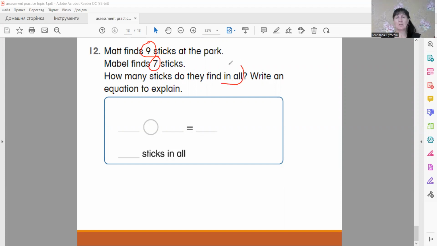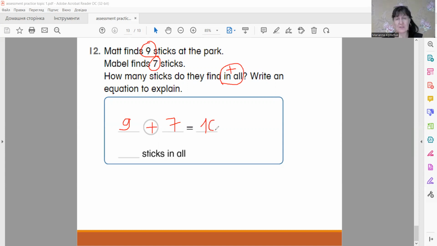In all is plus. Write an equation to explain. Again, we write what we see. 9, then should be plus. Then you see 7. 9 plus 7 equals 16.